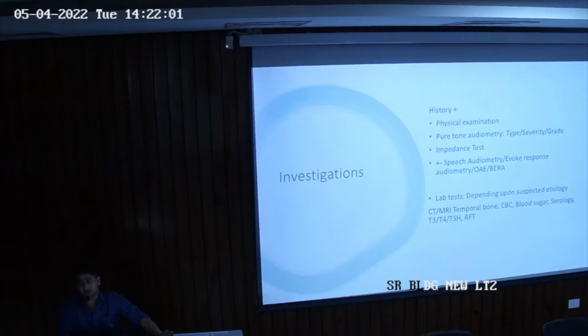Stapedial reflex is checked in cases where you want to know the level of the 8th nerve injury or 7th or 8th nerve injury both. Plus minus. Apart from these tests, we can also go for speech audiometry, evoked response audiometry, otoacoustic emission, and BERA, that is brainstem evoked response audiometry.